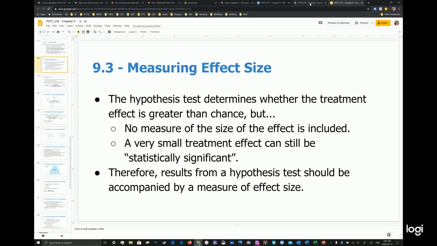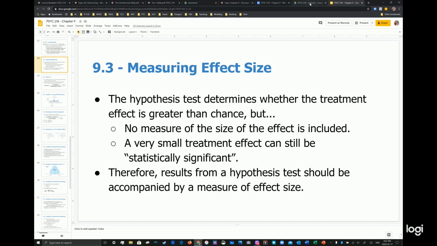Hi students, so we're doing our second part, part 2, in chapter 9, Introduction to T-Tests, or the T-statistic. So we have finished our 4 steps in hypothesis testing using the T-statistic, and so for decisions where we decide to reject a null based on an extreme observed value compared to the critical value, we would want to measure effect size, just like we've done in the previous chapter, chapter 8, where we did hypothesis testing with z-scores and z-distributions.